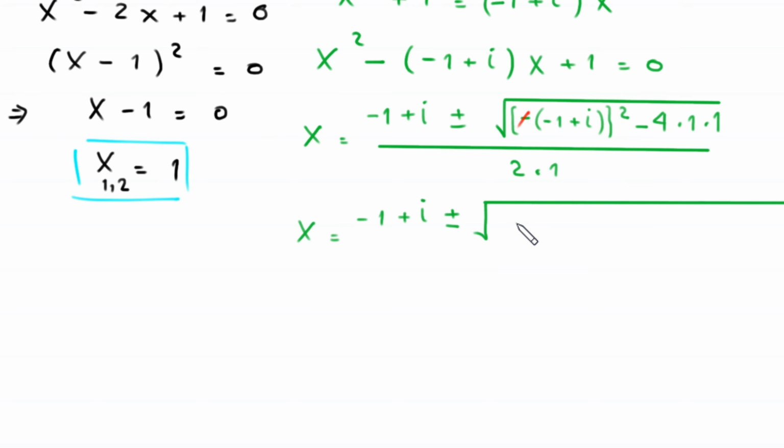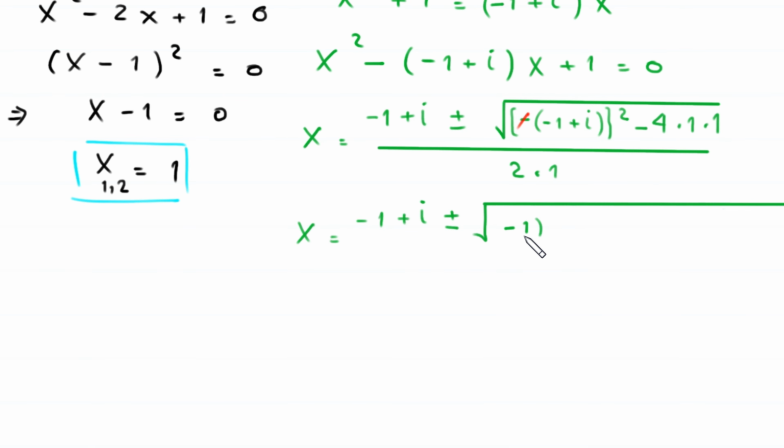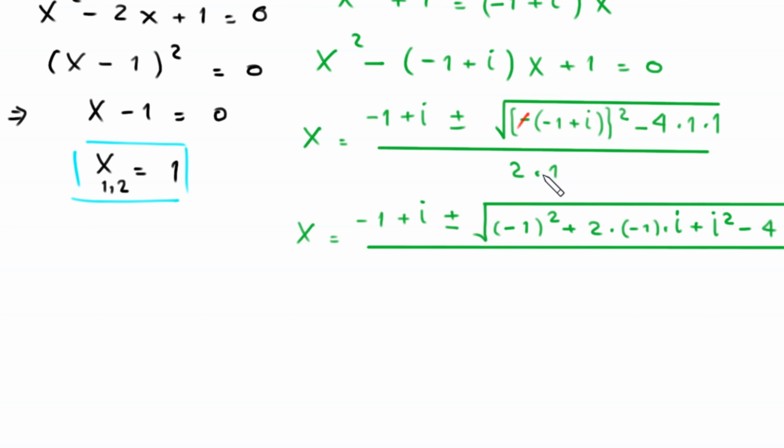This will become negative 1 squared plus 2 times negative 1 times i plus i squared. This negative 4 times 1 will become negative 4 divided by this 2 times 1 will become 2.